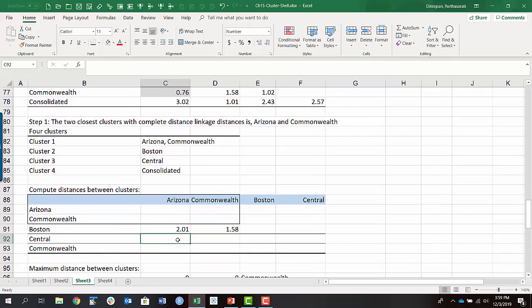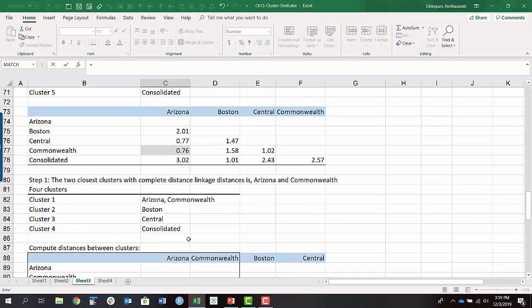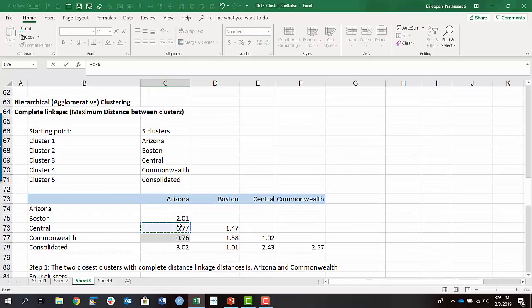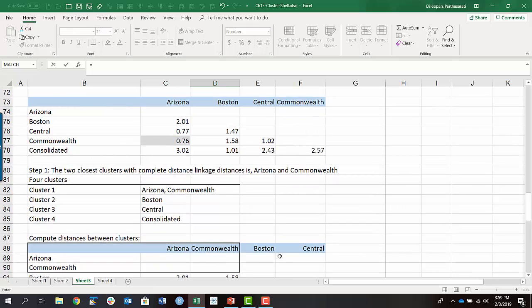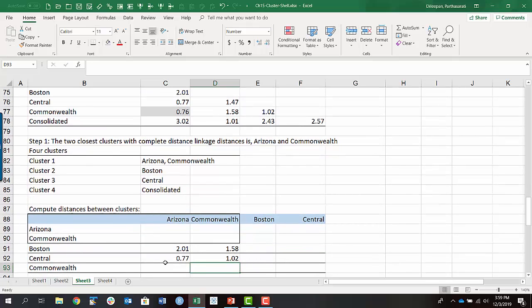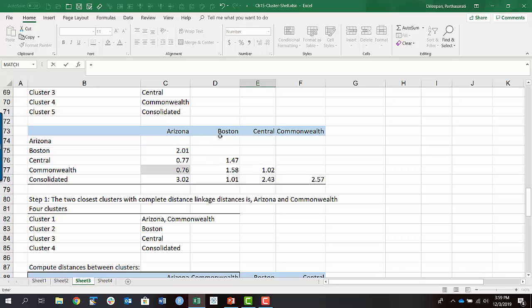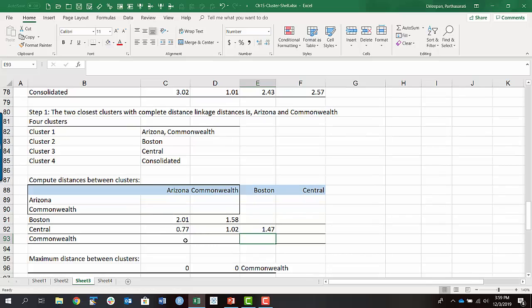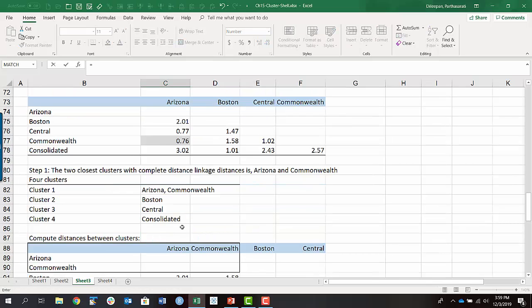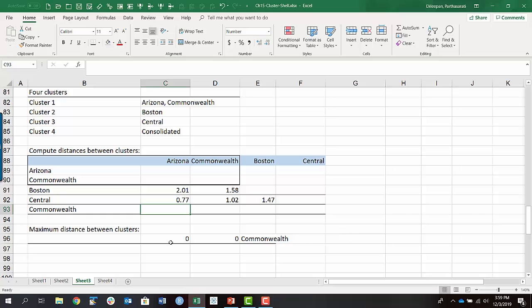Then we need Central to Arizona, Central to Commonwealth, and Central to Boston, Boston to Central, and then Commonwealth to, this should be consolidated.